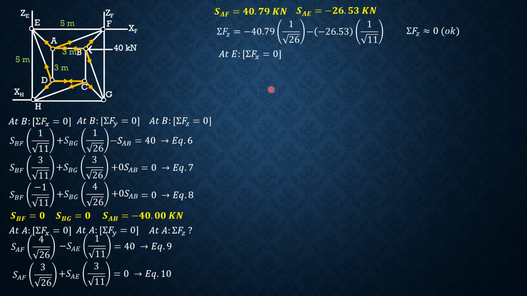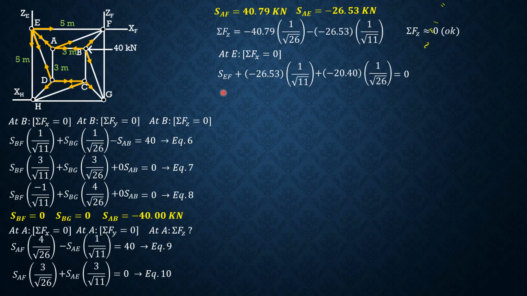Summation forces X equals 0. So let's have the forces as our guide. So SEF plus SAE, which is negative 26.53 times 1 over square root of 11, plus SDE, which is from the preceding slide, negative 20.4 times 1 over square root of 26, then equals 0.